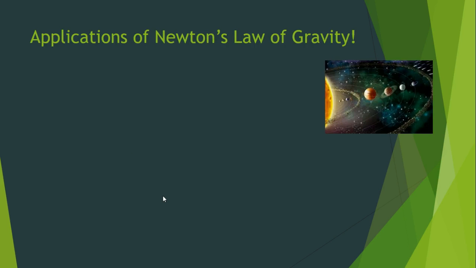So, applications of Newton's law of gravity. First of all, it can be used to find the acceleration on a planet. For example, we're going to first derive it so you understand how it's calculated.